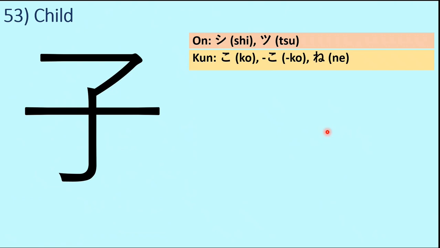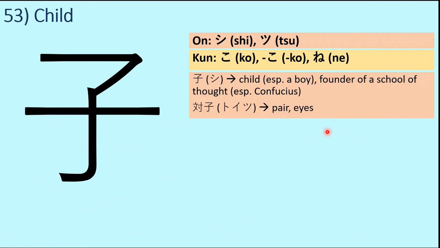Next, we have another very important and very commonly used kanji character, which is that of child. The on readings are shi and tsu, and the kun readings are ko, and it may end with ko, and the third one is ne. So shi means here child, especially a boy, or founder of a school of thought, for example Confucius. This is toitsu. Toitsu means pair or eyes.